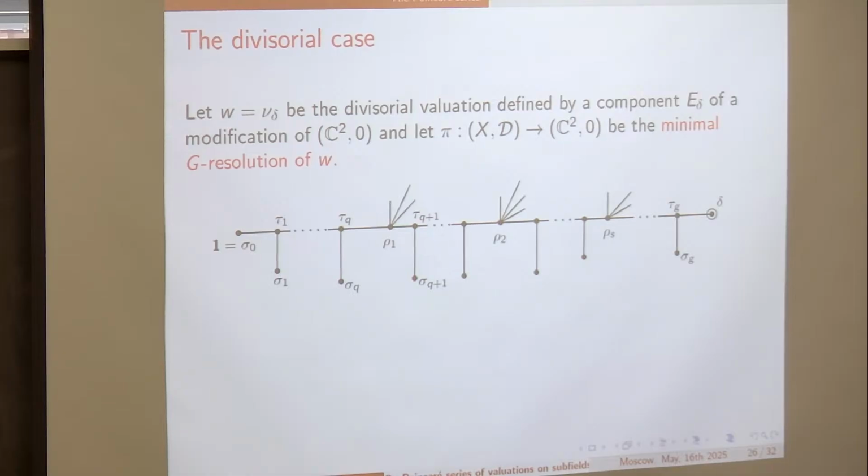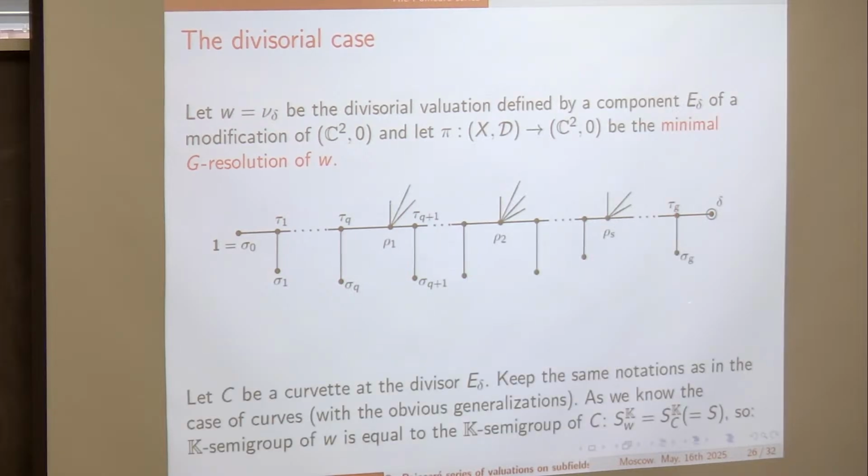Okay, in the divisorial case, I only want to say that this infinite case is more or less the same, but here, in the divisorial case, one can compute the same. So now we have some divisorial evaluation defined here. We have branching points and so on. The semigroup is the same as the semigroup given by a curvette here.